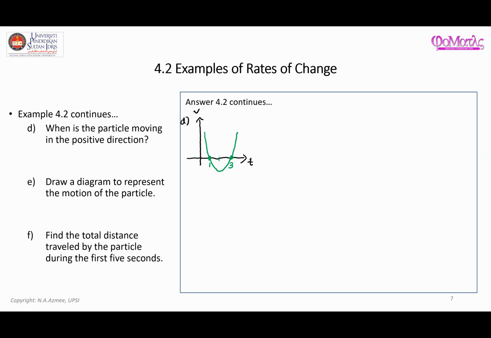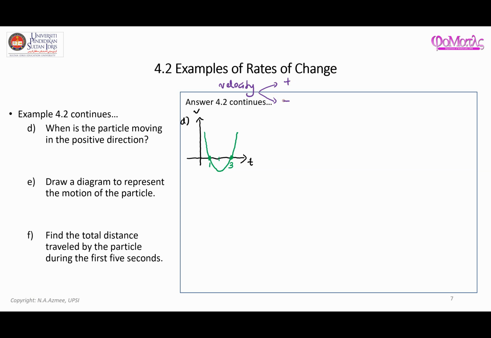And the question is asking you to identify the time when the particle is moving in the positive direction. And again, we have talked about the idea of positive and negative direction. Velocity here is a vector. So if you have a positive sign, that means it is moving in the positive direction.